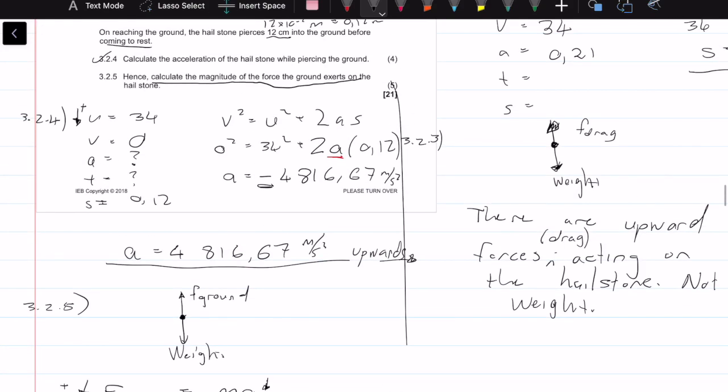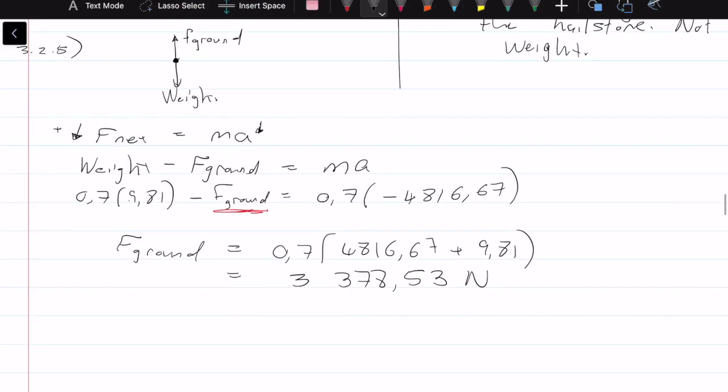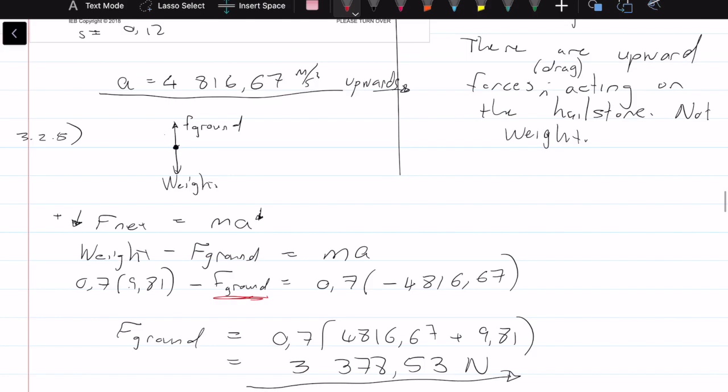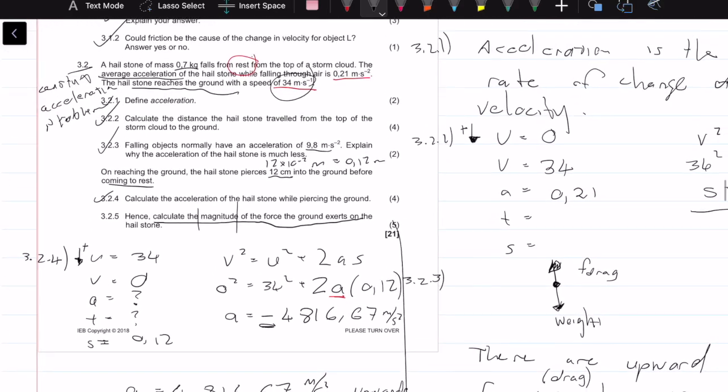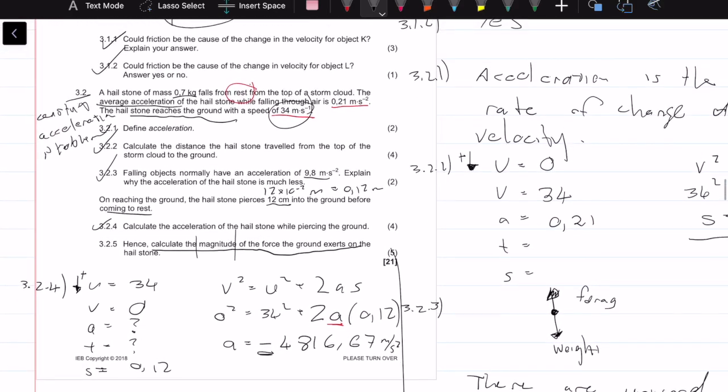It asks for the magnitude, so we don't care about the direction. But if we did, this direction would be correct, so it would be upwards. And we get 5 marks for that.